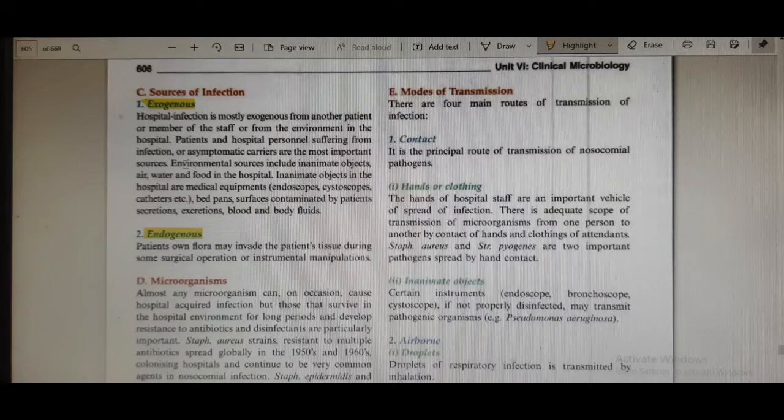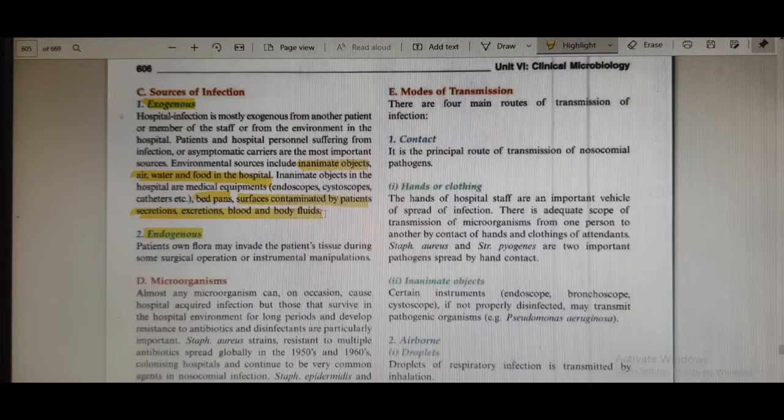Environmental sources include inanimate objects, air, water, and food in the hospital. Inanimate objects in the hospital are medical equipments like endoscopes, cystoscopes, catheters, etc. Bedpans, surfaces contaminated by patients' secretions, excretions, blood, and body fluids.